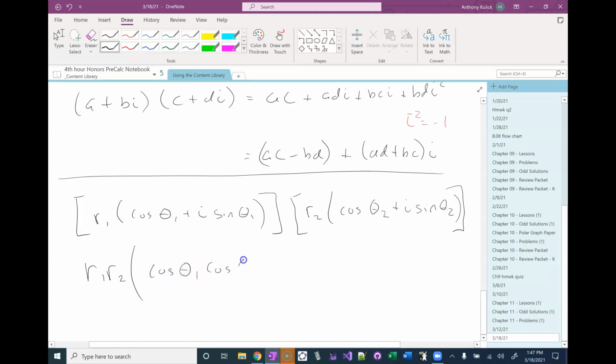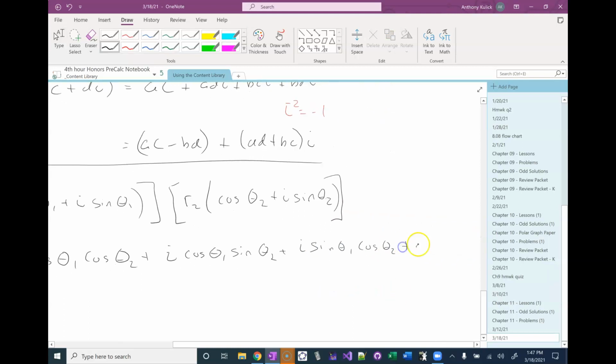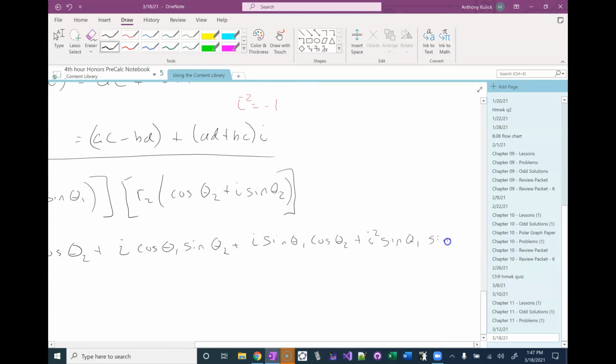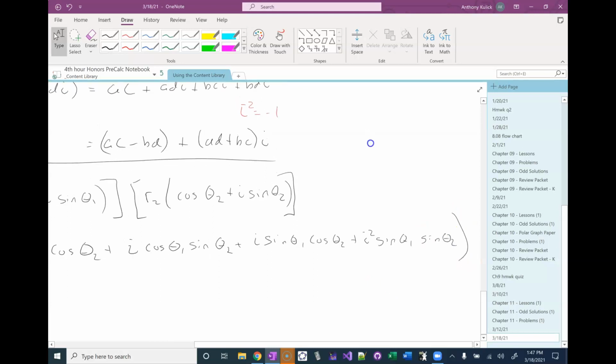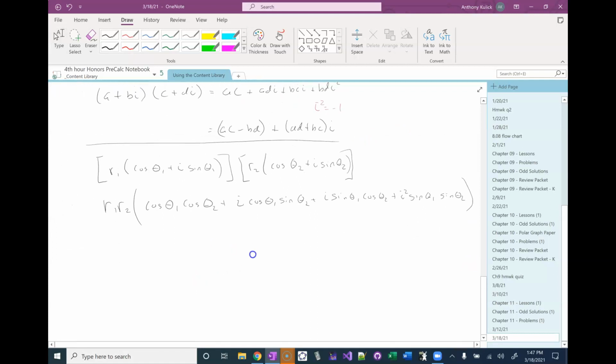So cosine theta 1 times cosine theta 2 plus i cosine theta 1 sine theta 2 plus i, let's do the theta 1s first, sine theta 1 cosine theta 2 plus i squared sine theta 1 times sine theta 2. Get that all on the screen in one place.